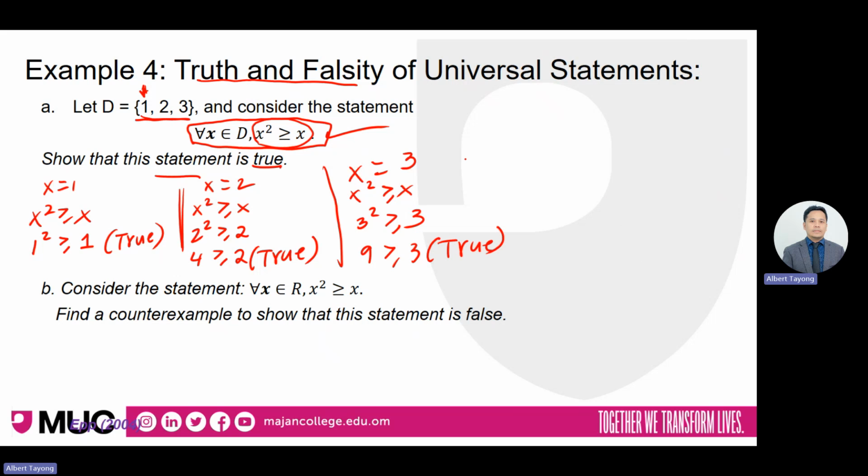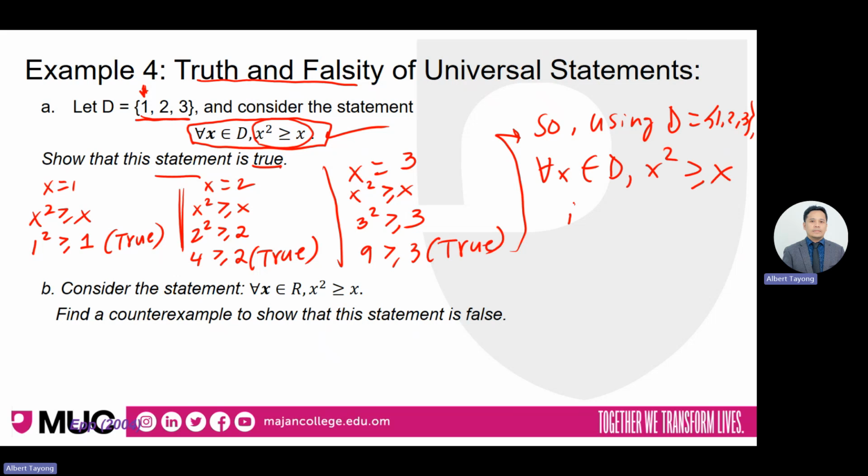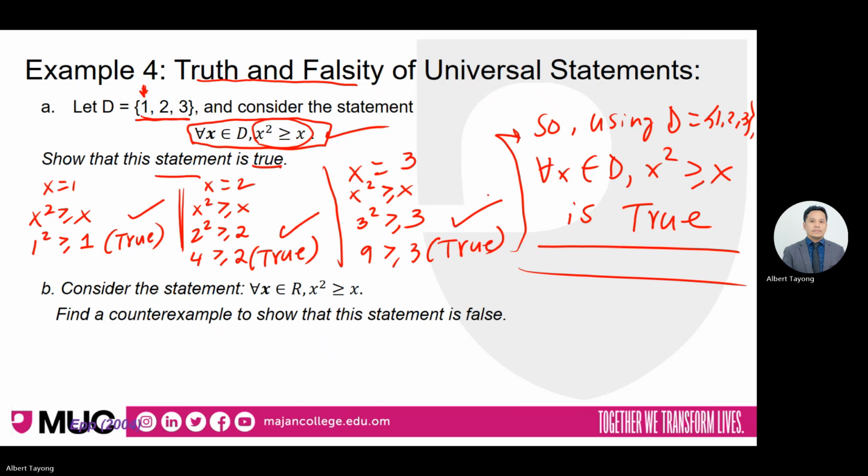We can conclude, using D equals 1, 2, 3, for all x in D, x squared is greater than or equal to x is true, because we have proven when we substituted the values that all are true.